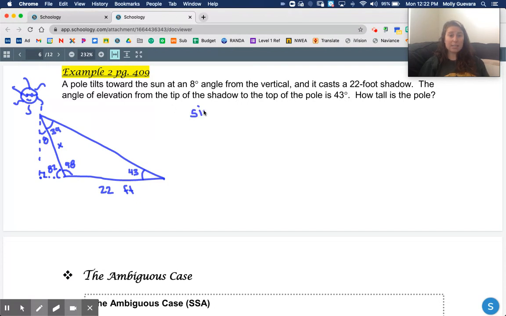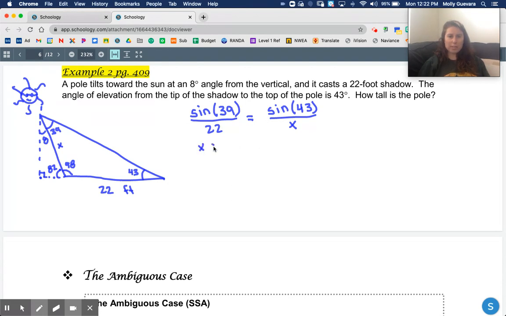So I can say that sine of 39 over 22 equals, and this is what I'm trying to find. I'm trying to find x. So I want to use the angle across from that, which is 43. So sine of 43 over x. And so now I'm just going to cross multiply and solve.